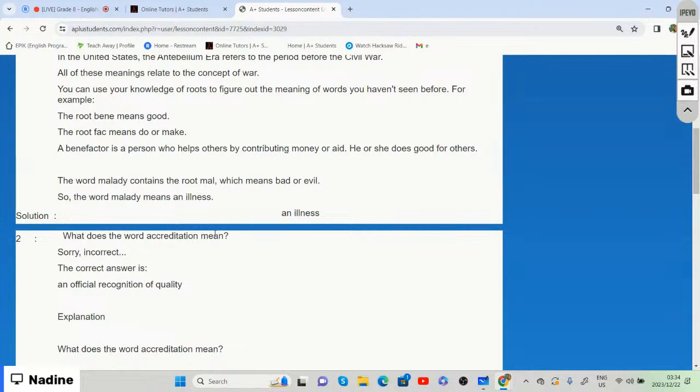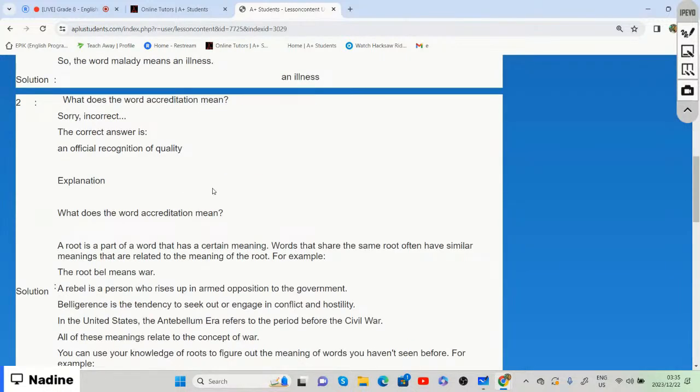So accreditation then means, and we see the accreditation, it means it's an official recognition of quality.